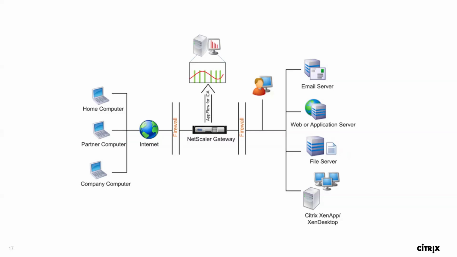Business partners can also access applications from outside the network, so we keep the Netscaler Gateway between two firewalls, in the DMZ, the demilitarized zone, so that we can send proper requests to backend servers. We can load balance email servers, web applications, file servers, whatever it is.